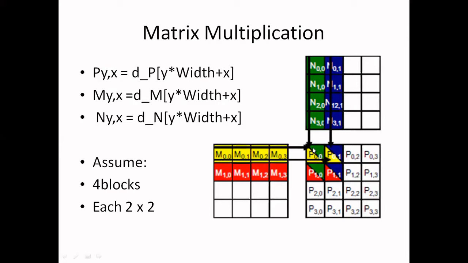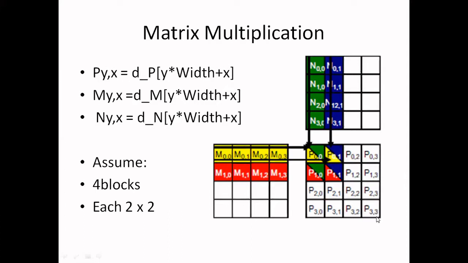So if you want this value at the 0, 0 position, you will find the dot product of the first row of M and the first column of N. That is what you will store here. Now in our simple program, we will have a thread for each pixel, right?